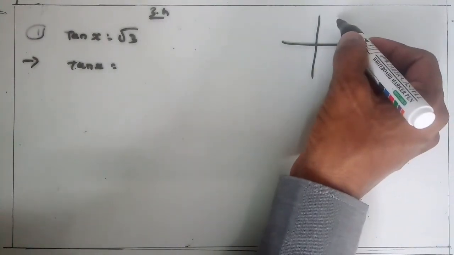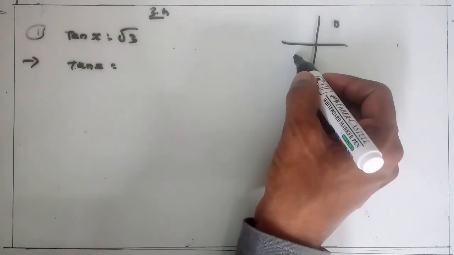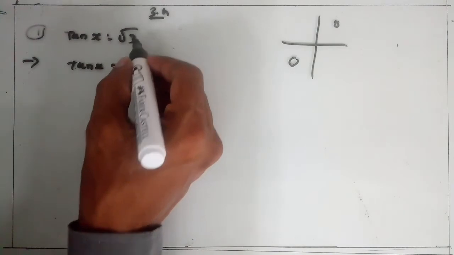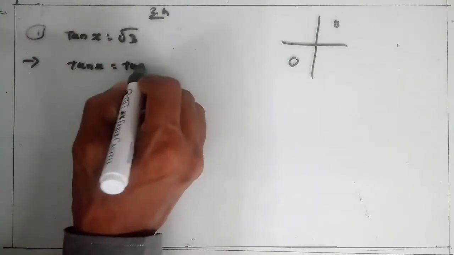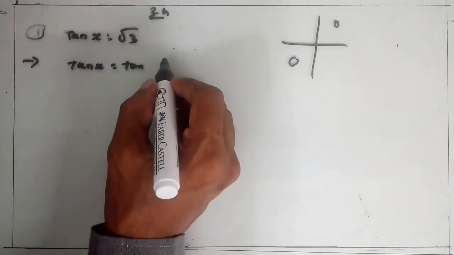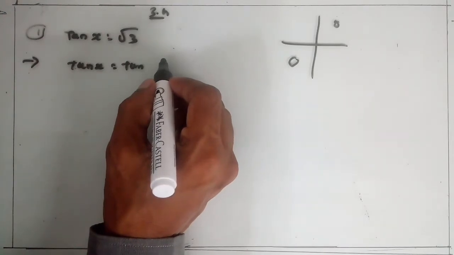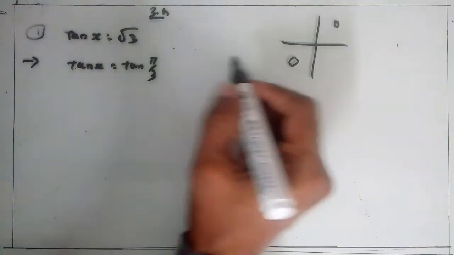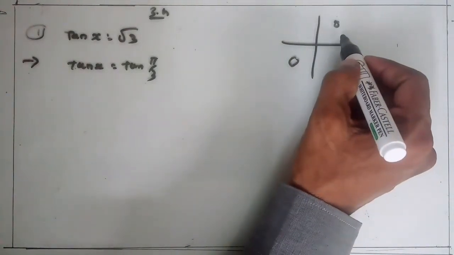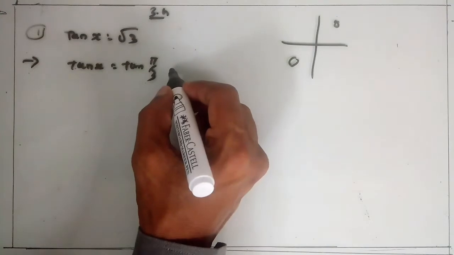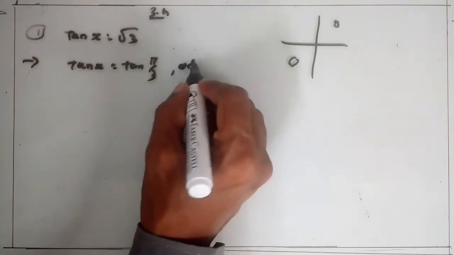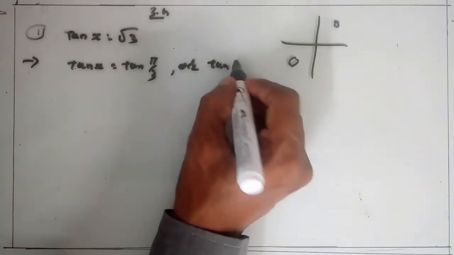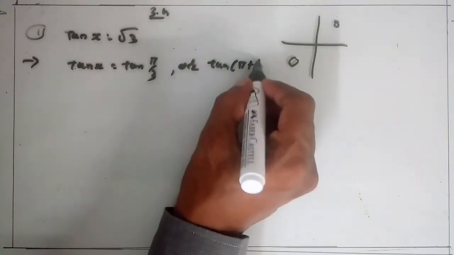Here tan is positive in the first quadrant and in the third quadrant. So think where the value of tan becomes root 3: it becomes root 3 at pi by 3. Clear? Pi by 3. And the second becomes pi plus pi by 3.